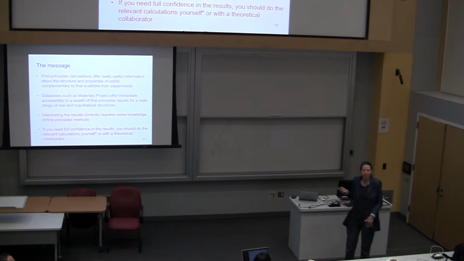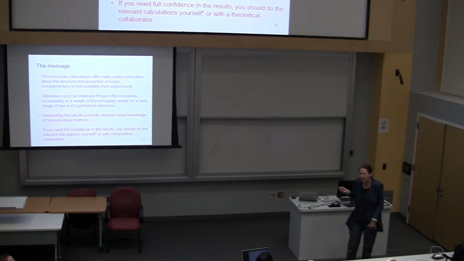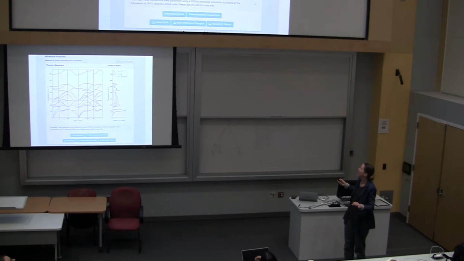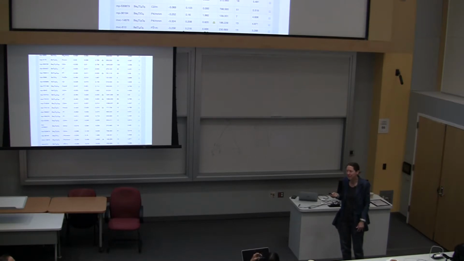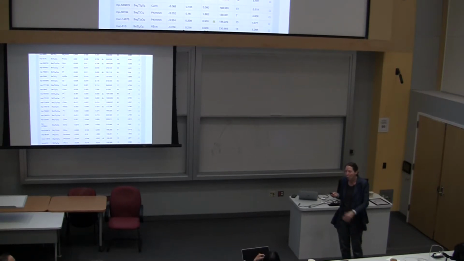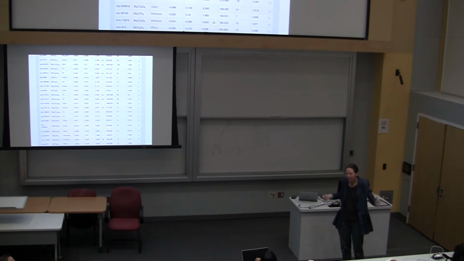If you're looking for the structure of black phosphorus, there's no entry in the line that says black phosphorus. You have to know the space group to recognize that entry as black phosphorus, or T prime.